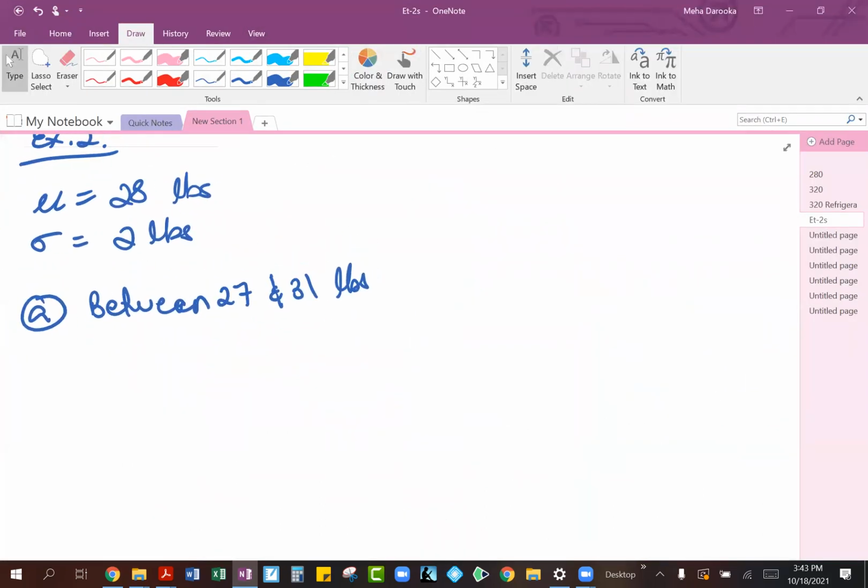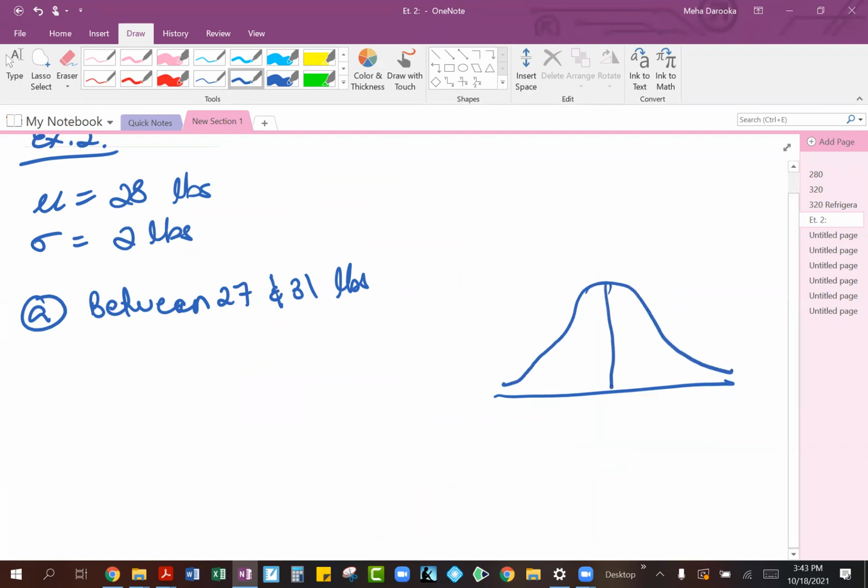So if we draw a bell curve based on this, again, just a general shape over here. Right, your mean is going to be right in the center.